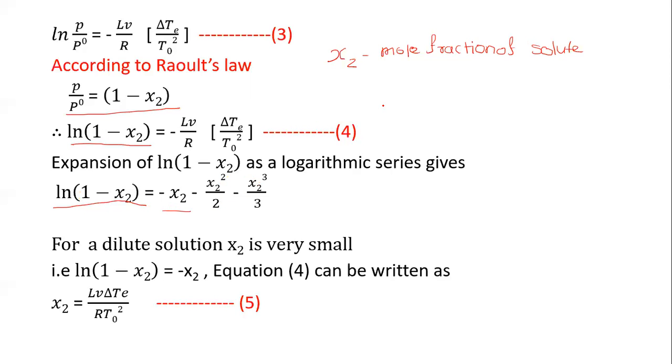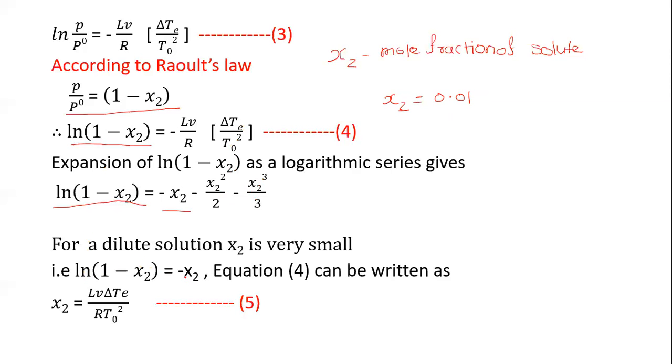Suppose the mole fraction of the solute, as the solution becomes very dilute, is equal to 0.01. Then the square of 0.01 divided by 2, and the cube of 0.01 divided by 3, become very small. Therefore we can write ln(1 minus x2) equal to minus x2.